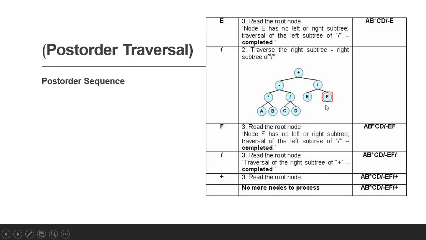After that, you write the answer in sequence. Then go back to the root node, which is the division. So we have here the division. Read again the root node at the top, because this is the last node that we have to read.